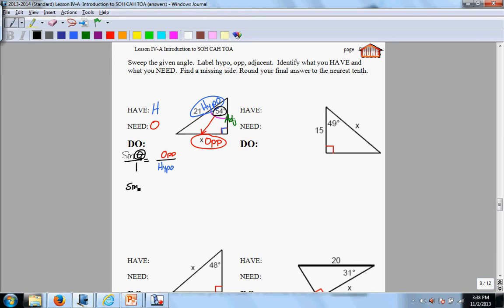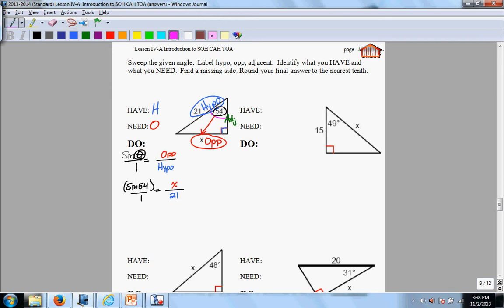So you write sine 54 degrees, put parentheses around that. That's a single unit over 1, equals opposite, which is your x, over hypo, which is your 21. From there you cross multiply, you isolate x, and then you get your calculator out and solve for x.